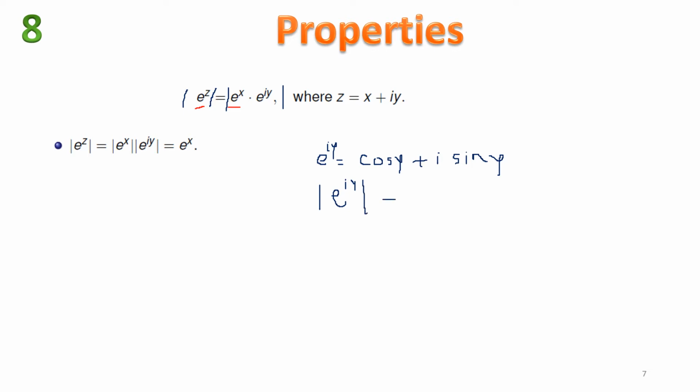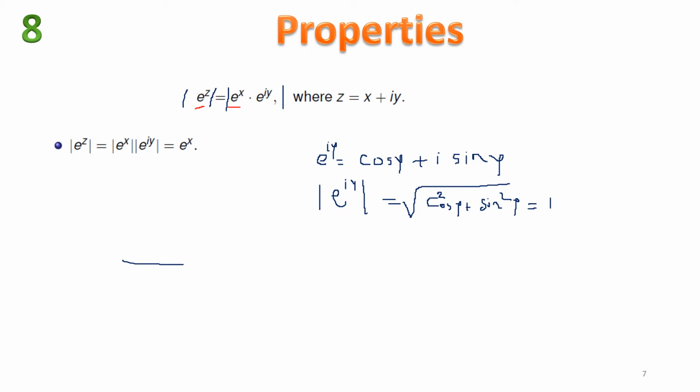So it will be under root of real part square plus imaginary part square, so cos square y plus sine square y. So you can obviously see that cos square theta plus sine square theta is always equal to 1, and under root of 1 is equal to 1.